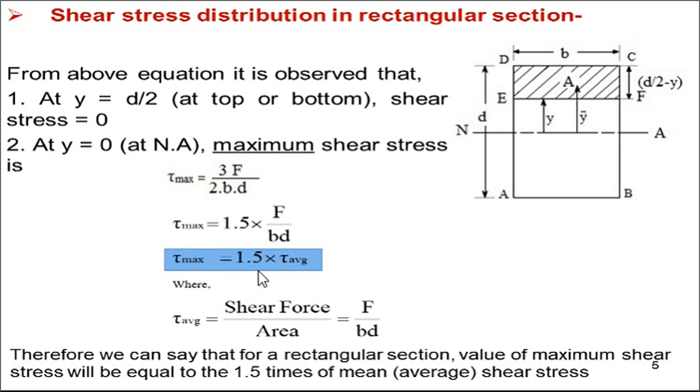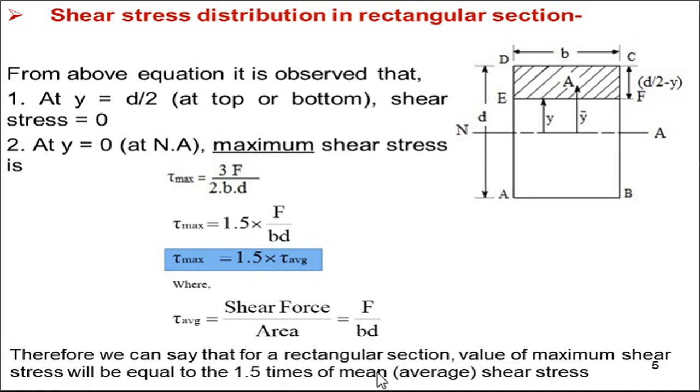This relation is important, because most of the time in questions in competitive examinations, the relation between tau average and tau max is asked. So for a rectangular section, tau max is equal to 1.5 tau average, and we have to remember this relation.